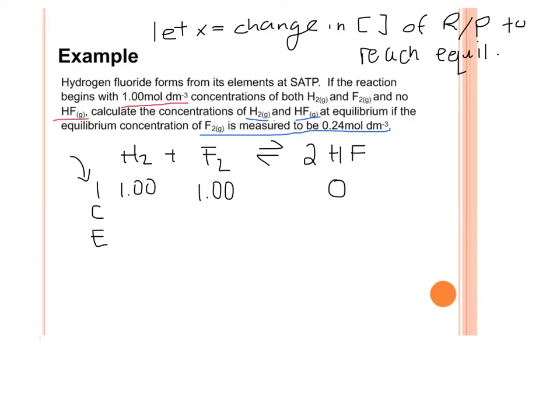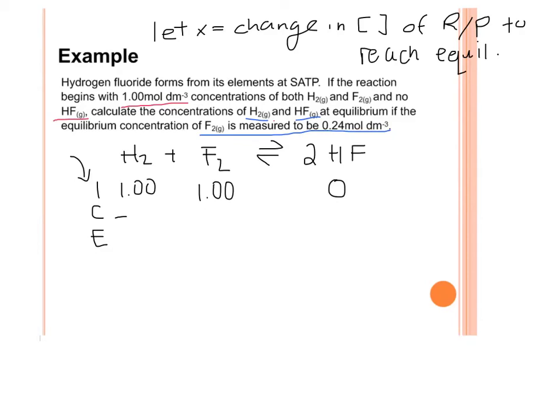Because we have all reactants, no products, the only way for our concentrations of our reactants to change is to go down to reach equilibrium.